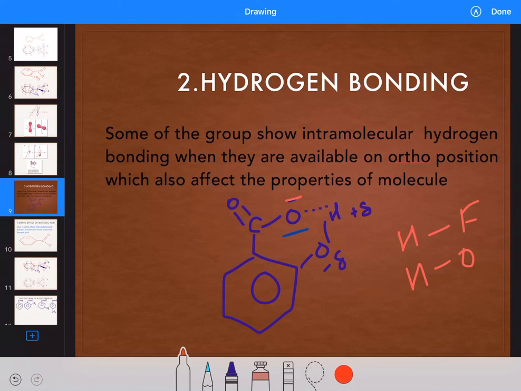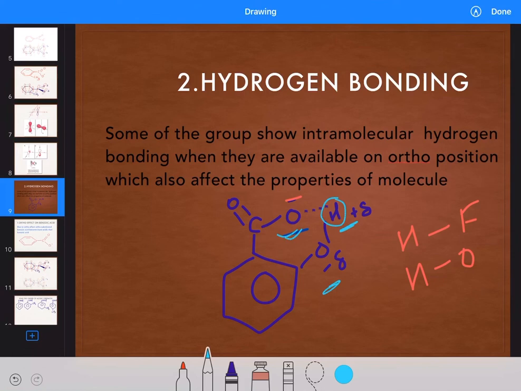So see, this hydrogen is attached to oxygen, meaning it has a tendency to show hydrogen bonding. Here oxygen has a minus charge, so there will be an interaction. This H has delta plus and this oxygen has delta minus, because of their electronegativity difference.